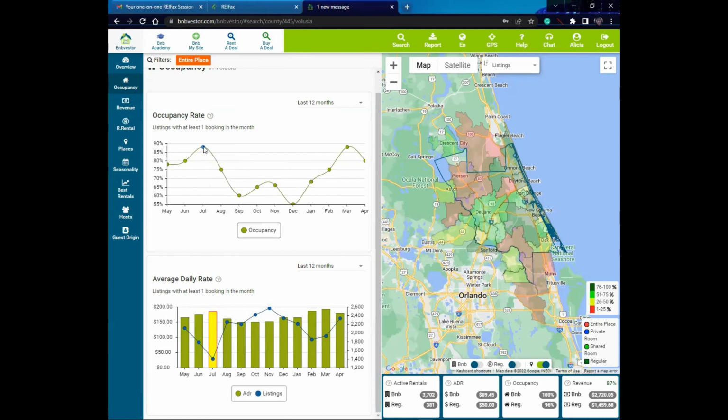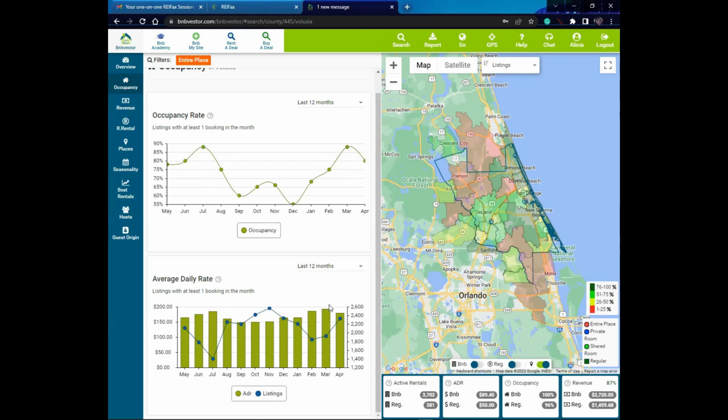In July, that's the most occupied, the most popular month, we have that is precisely the month where the average daily rate is the highest, being $185 per day. Same thing with March. That's also the other month with the highest occupancy.